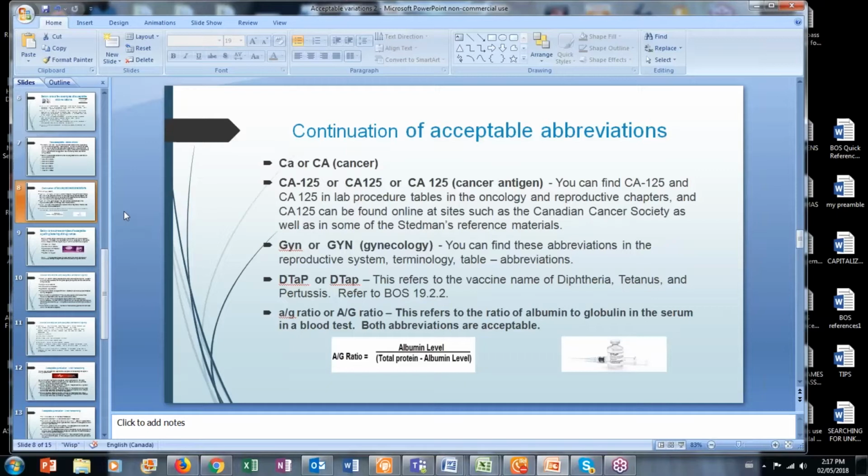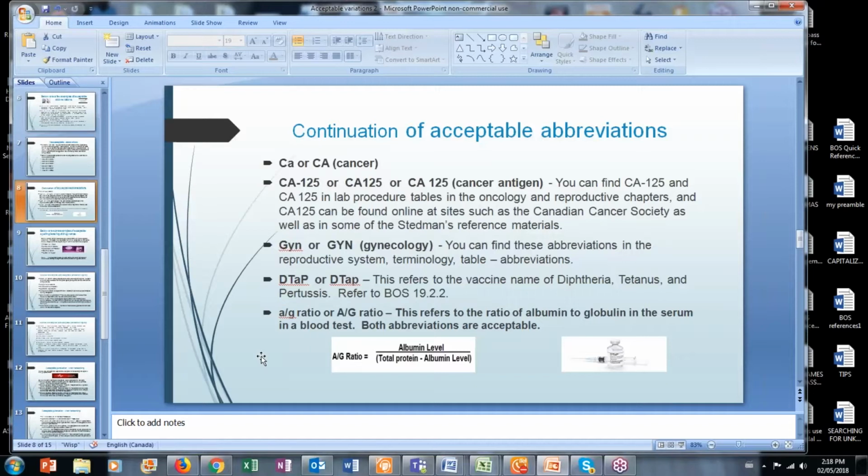Continuation of acceptable abbreviations. So uppercase C, lowercase a, or uppercase C and uppercase A for cancer. Both ways are acceptable on that. And for the cancer antigen, uppercase CA and then hyphen 125, or uppercase CA, no hyphen or space, 125, or the uppercase CA with a space 125.